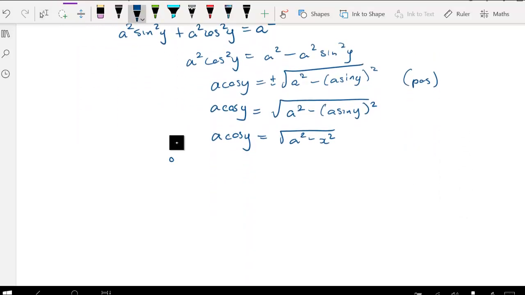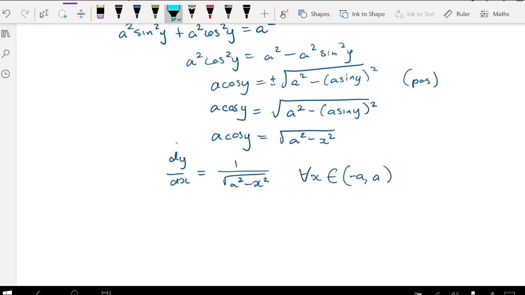So now we can put this back in. We've got dy dx is equal to 1 over the square root of a squared take x squared, where all values of x must be between negative a and a. So we can't end up with negative square root values there.